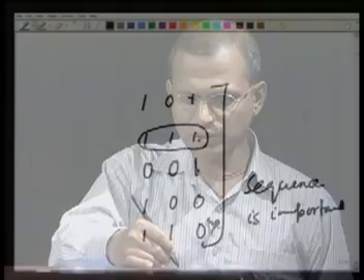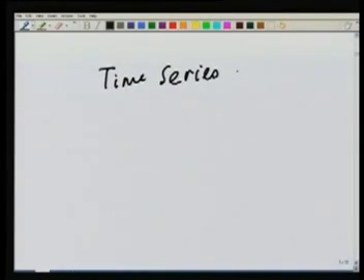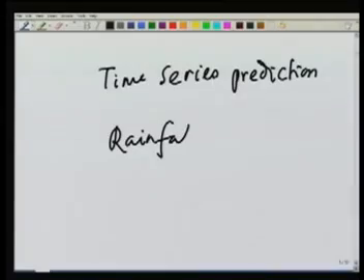Another example of sequence is time series prediction. Take any kind of time series prediction, for example rainfall in a year, or in a decade, or in a century.